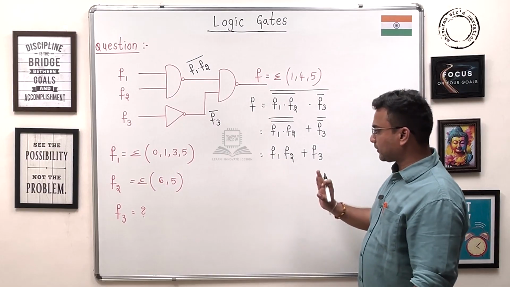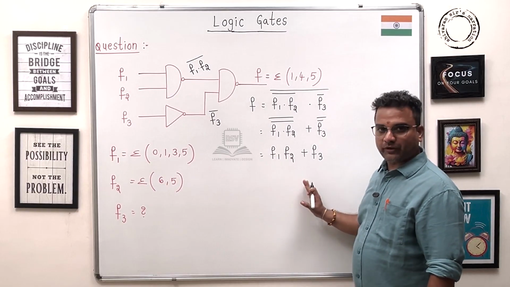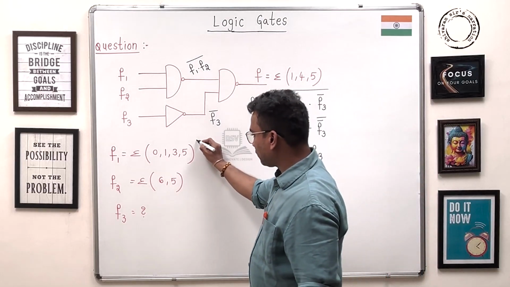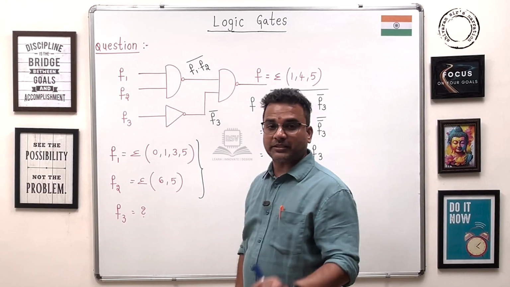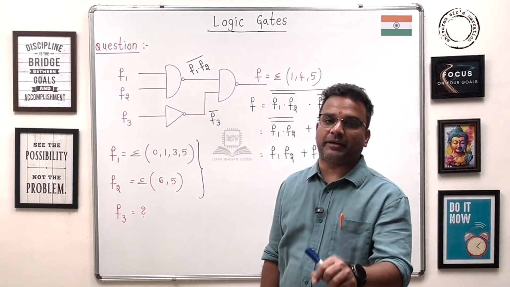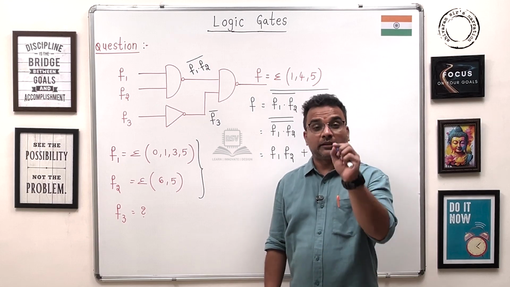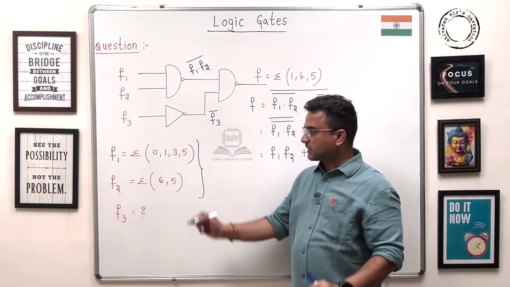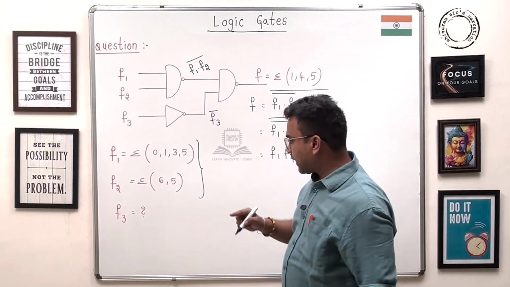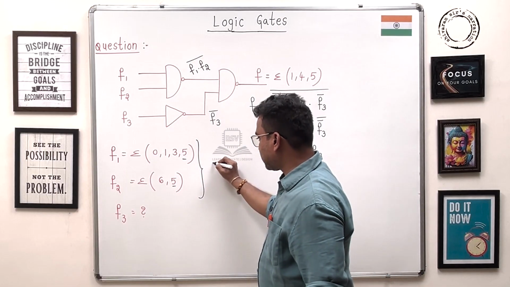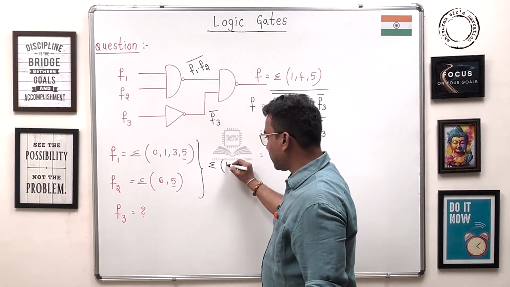Okay, let's enter into the solution. It is F1 into F2, so we need to follow AND operation. AND operation means A intersection B. If it is A intersection B, we need to consider the common terms present in both the functions. The common term is only 5. Hence it is sigma 5.